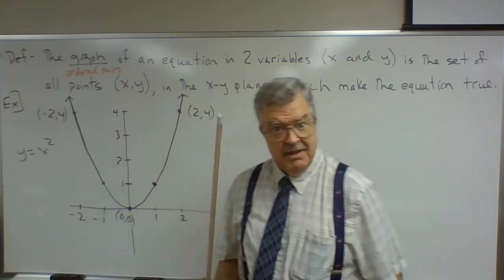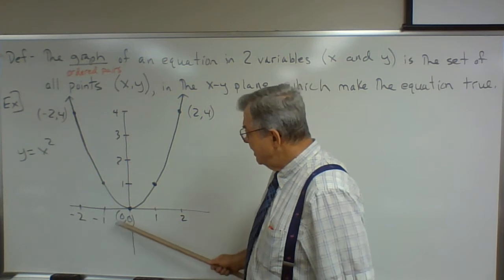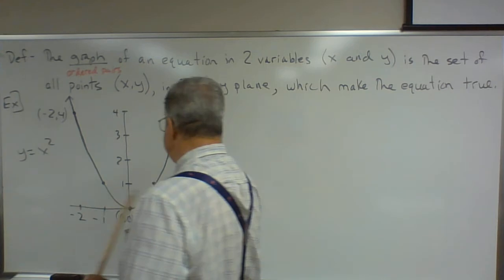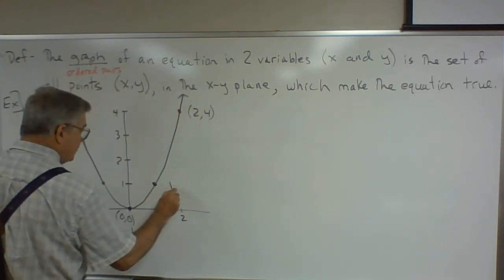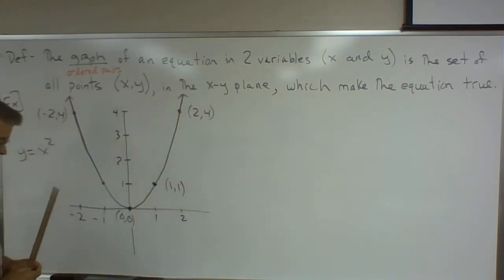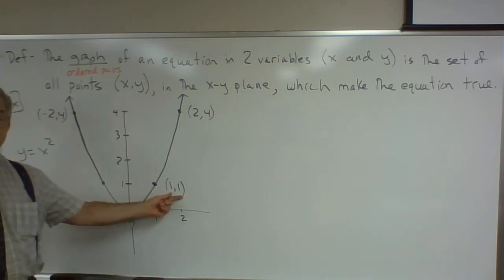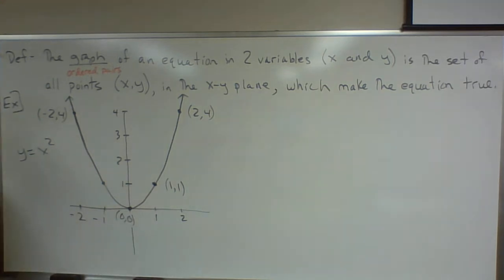Okay, the equation is true when x is 0 and y is 0. What about this ordered pair? X is 1 and y is 1. Does this ordered pair also work? Let's try it. If we substitute 1 in for x, we get 1 squared on the right, which is 1. And when we substitute 1 for y on the left, we get 1.